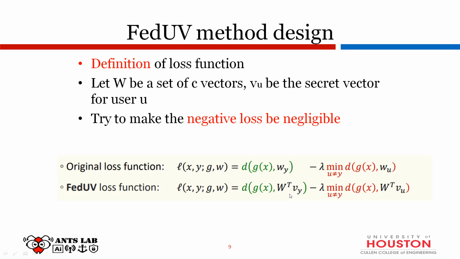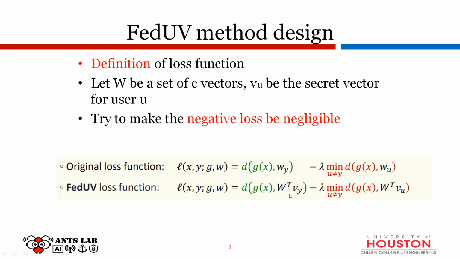Hey, Huai-an. So if I understand it correctly, in the original loss function you mentioned there's a distance measurement between the GX, which is from your deep learning model, the model-generated embedding vector, and the WY, which is the true embedding vector.